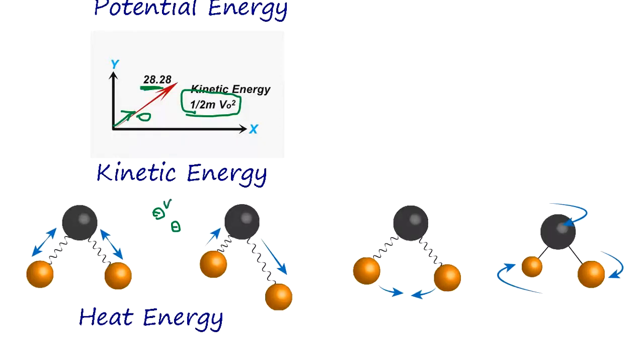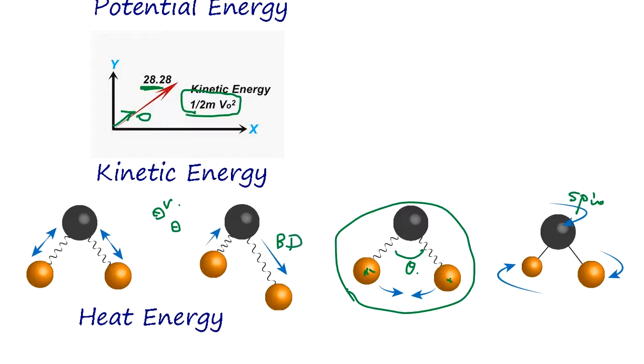The speed of the electron, the kinetic energy of the electron, and the molecule vibration. There are many different modes: the atoms get close and far, the angle theta changes around, or the spin, or the bond distance changes around. So basically, the molecules' kinetic energy is heat energy.